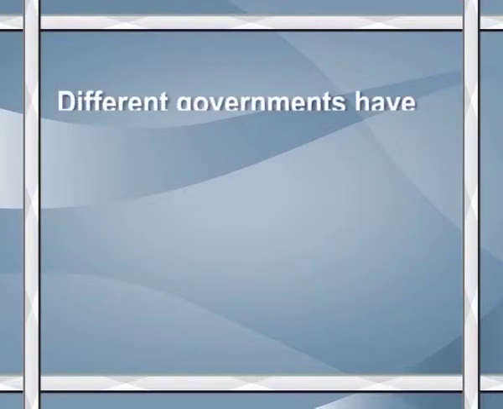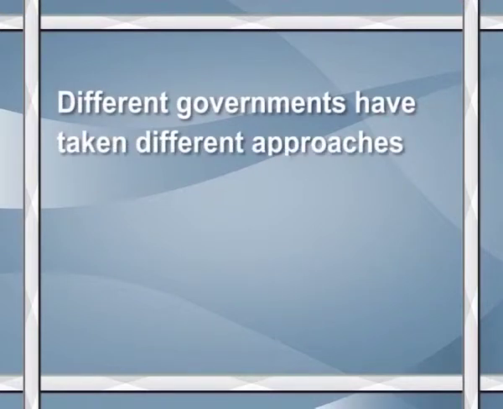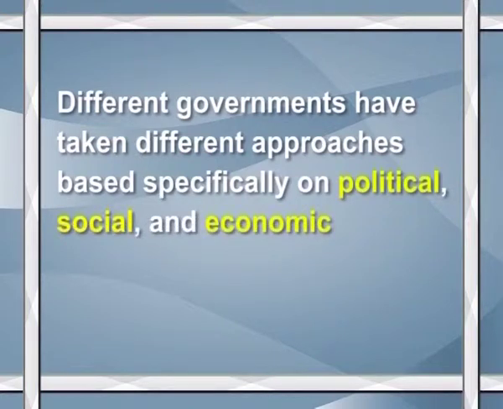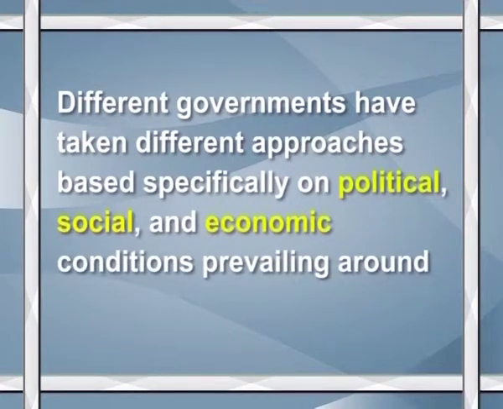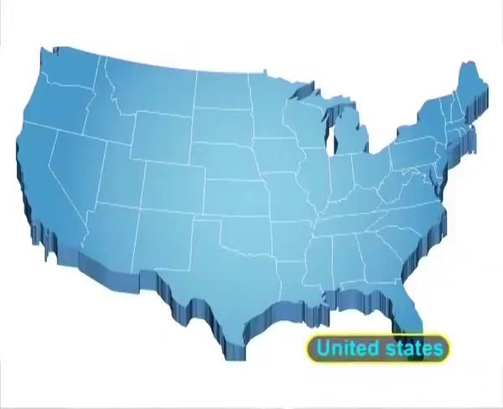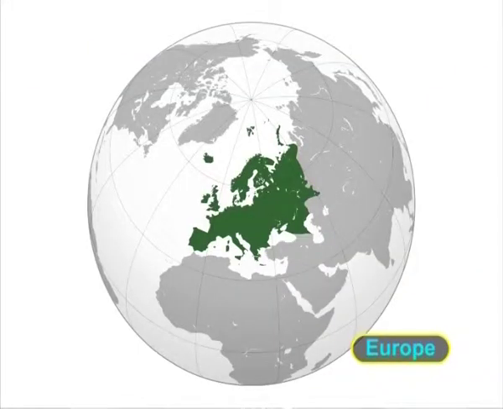Different governments have taken different approaches based specifically on political, social and economic conditions prevailing around the region or in the country. Differences in regulations among countries are clear and the most marked differences occur between the United States and Europe.